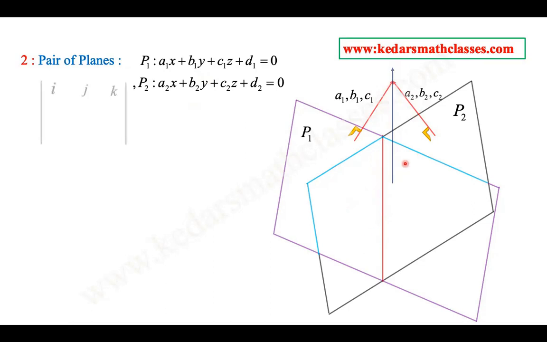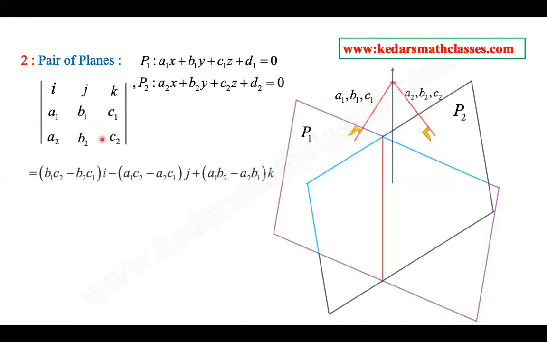Therefore, when we calculate the cross product of these two normals, that is i, j, k; a1, b1, c1; a2, b2, c2, and expand it, we get (b1c2 minus b2c1) i, minus (a1c2 minus a2c1) j, plus (a1b2 minus a2b1) k.